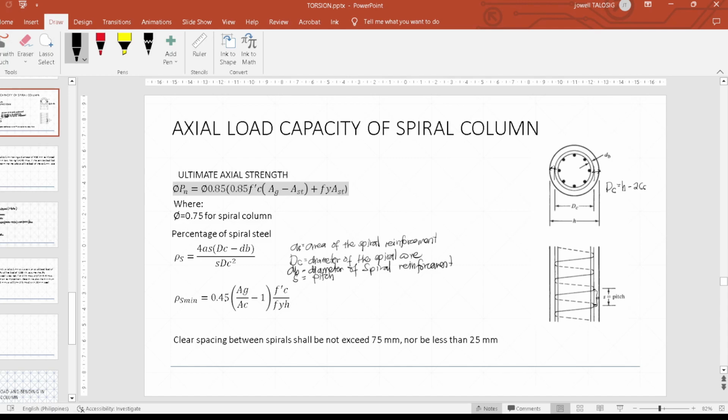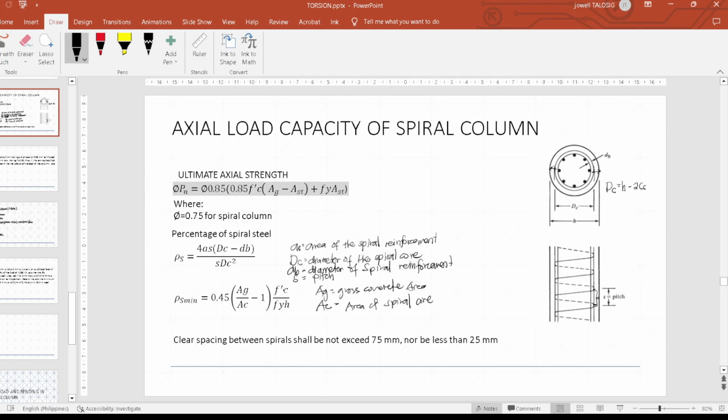Okay, and then we have also the formula for rho s minimum, or the spiral steel percentage minimum. So where Ag is the gross concrete area, where your Ac here is the area of the spiral core.